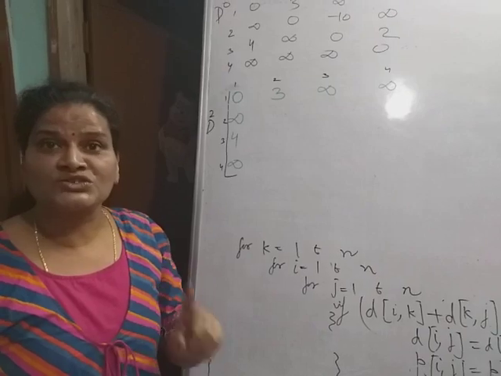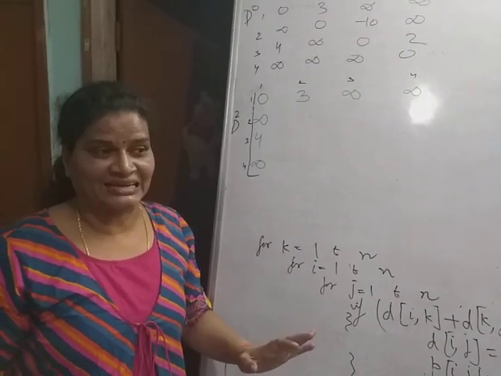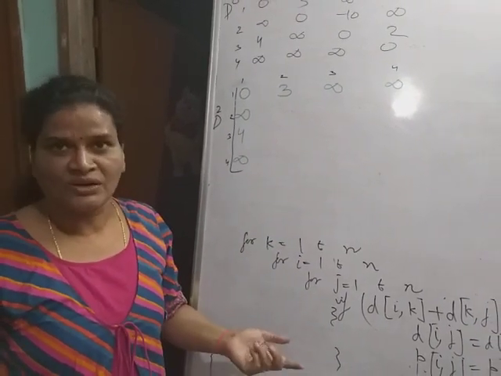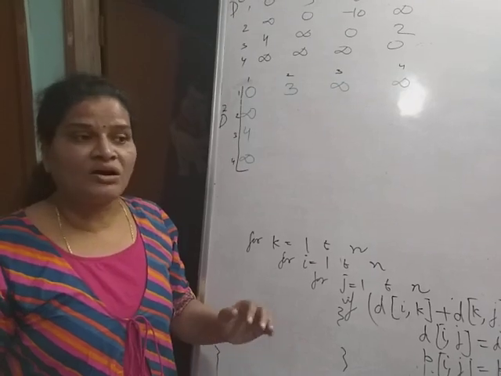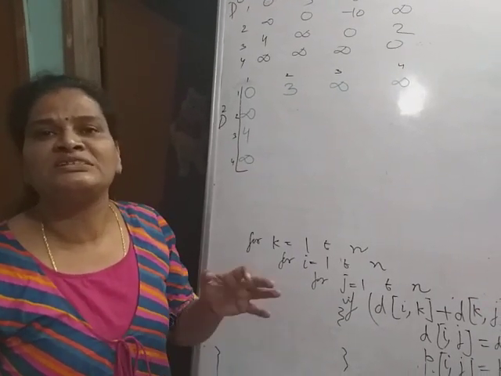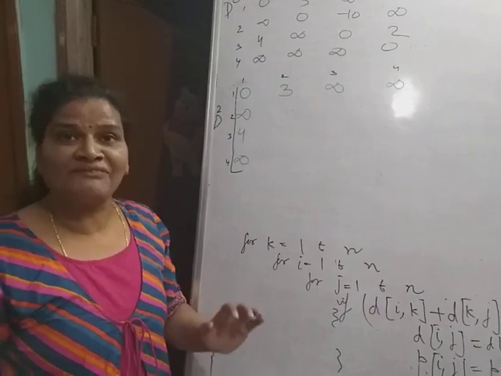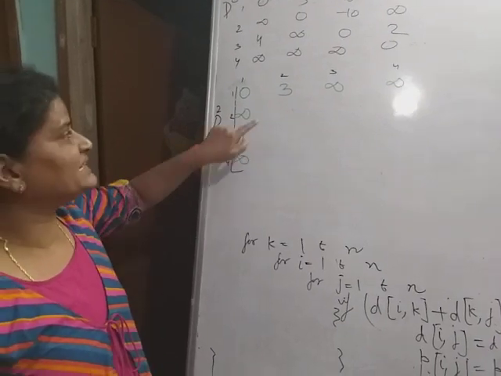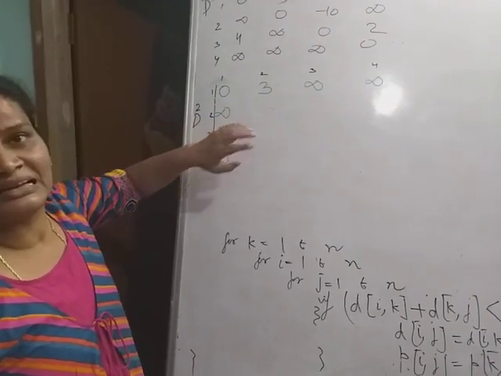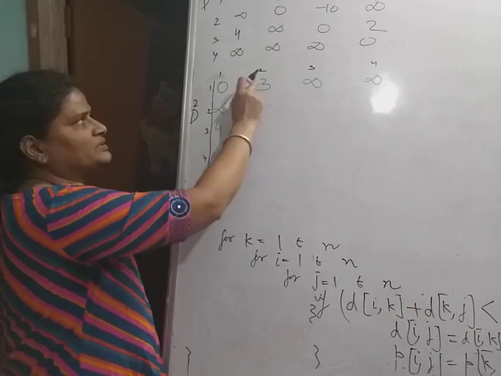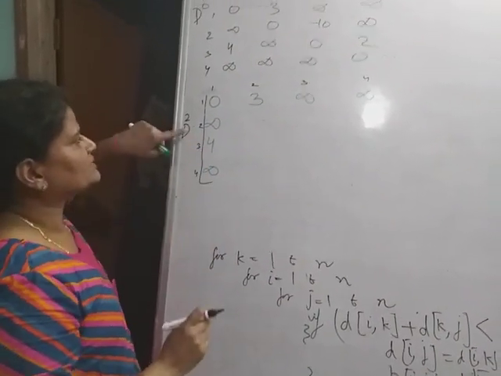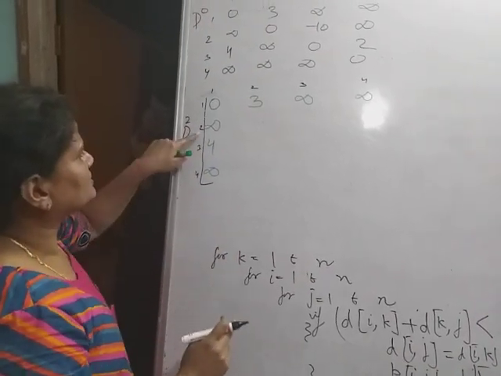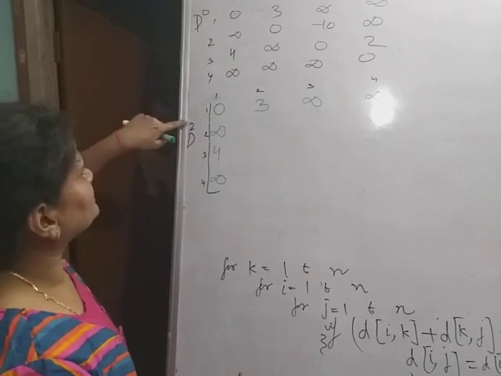If there is no negative weight cycle, then in the final distance matrix you always get 0 in the diagonal element, because from the same vertex to the same vertex the cost is always 0. But if the graph contains a negative weight cycle, then at a certain point it will give a negative weight in a diagonal position. So I will compute 2, 2 also. I have to compute 2, 2, and sorry, this is D1.